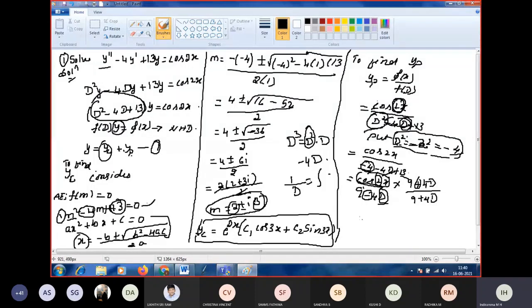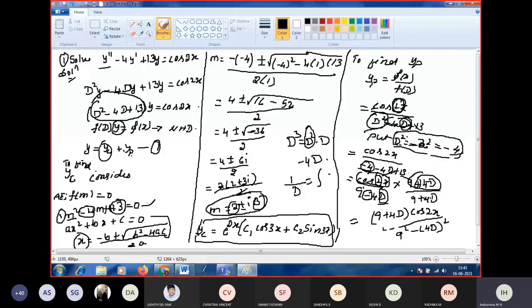Next, multiply the numerator with 9 plus 4d. So 9 plus 4d into cos 2x. The denominator looks like a minus b into a plus b, correct? Is it right? Yes, ma'am. A square minus b square, that is 9 square minus 4d whole square.